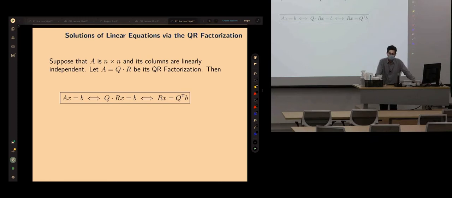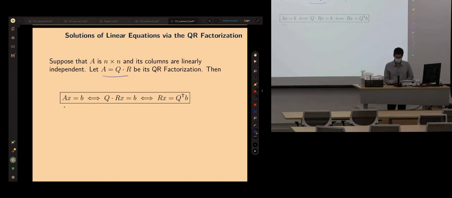So first, suppose we are talking about the solution of linear equations. Now, I'm talking about solution, right? So this is a square system, same number of variables, same number of equations. Suppose I factorize A to be QR, and the columns of A are, of course, linearly independent, so I can do this.